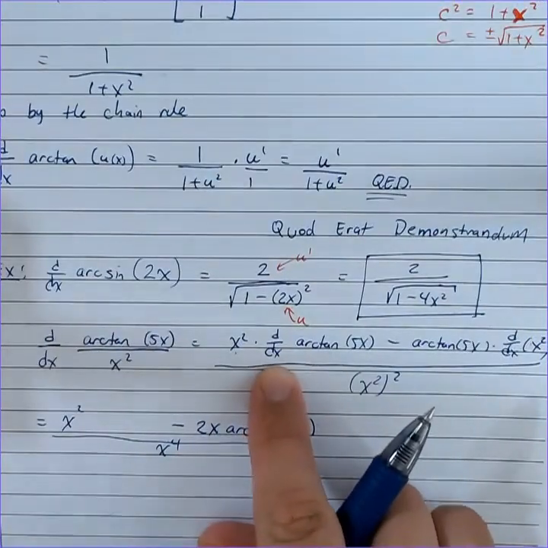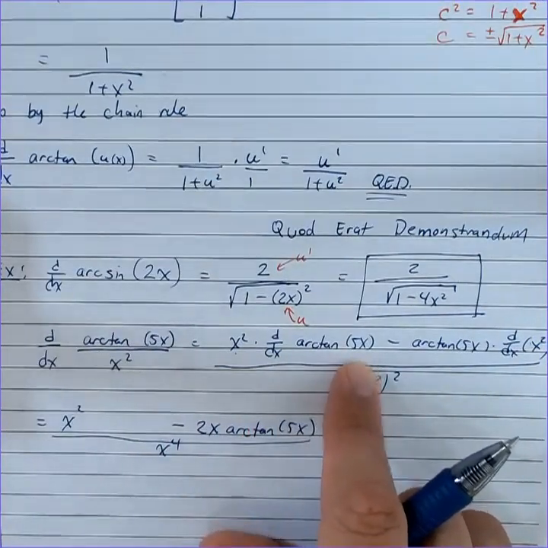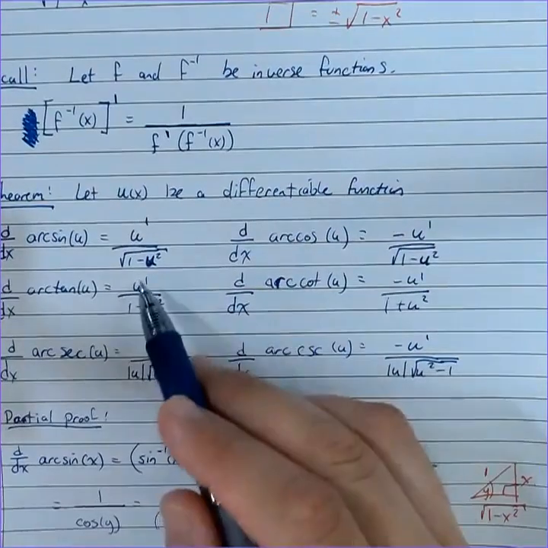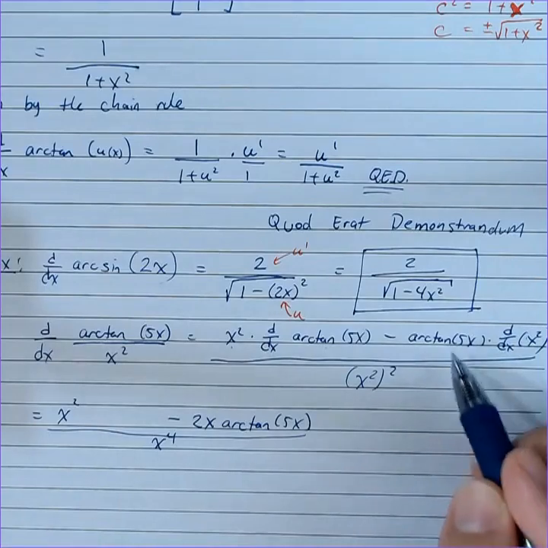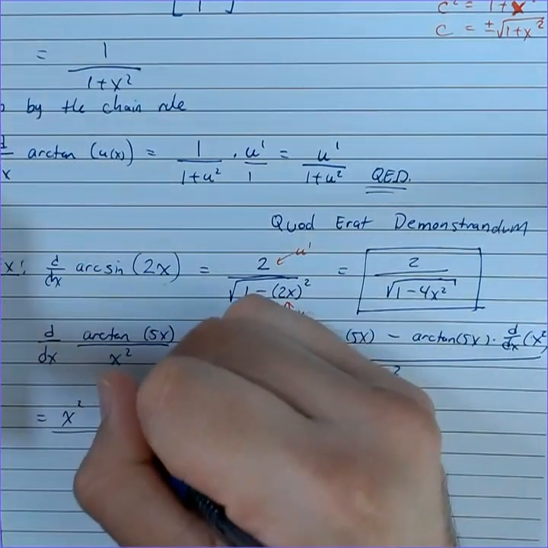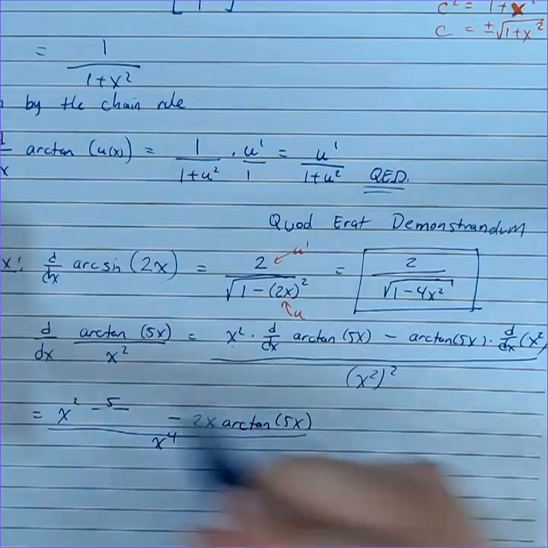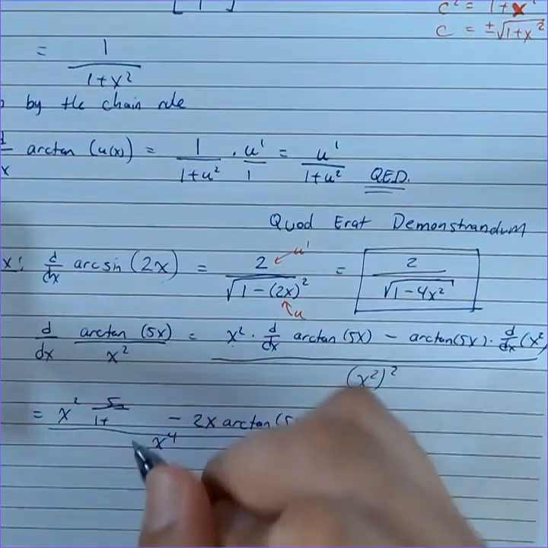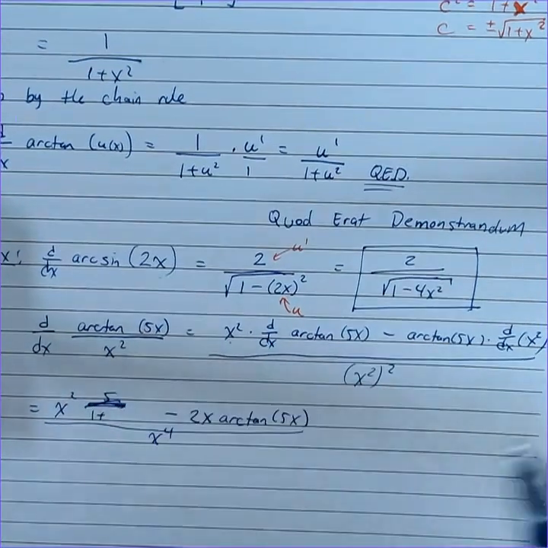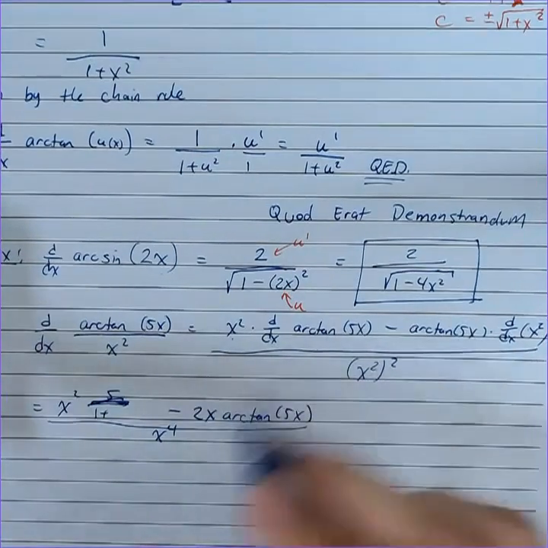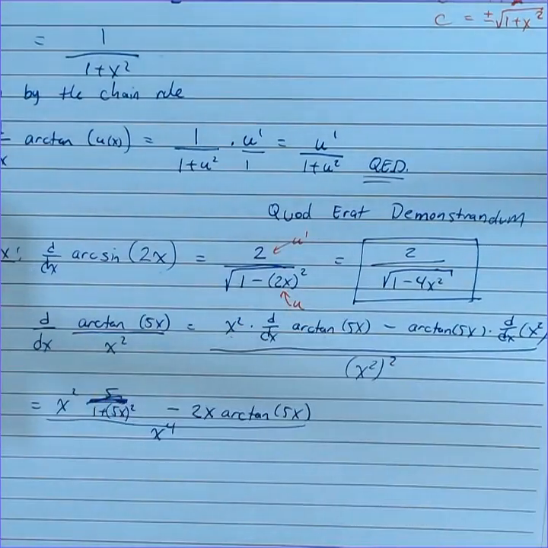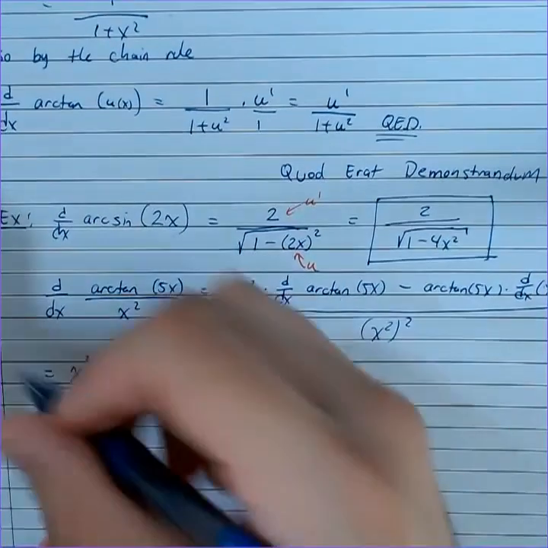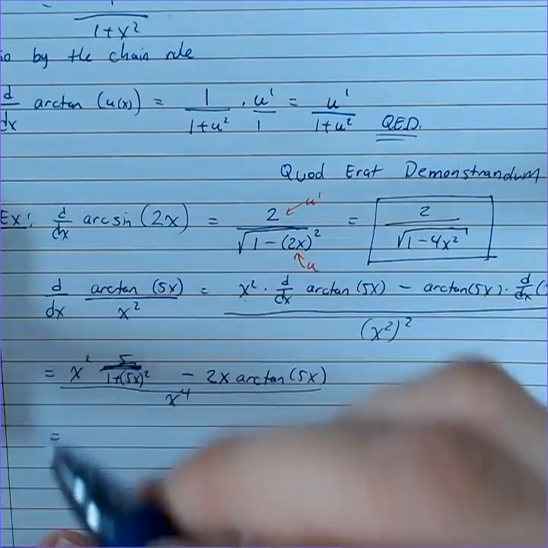The derivative of the arctangent of u, again, we proved, was u prime over 1 plus u squared. Okay, so that's your u. So we're going to take u prime, which is just the number 5, over 1 plus u squared. So take that u and square it. Like that. So now we have a few things that we need to simplify.